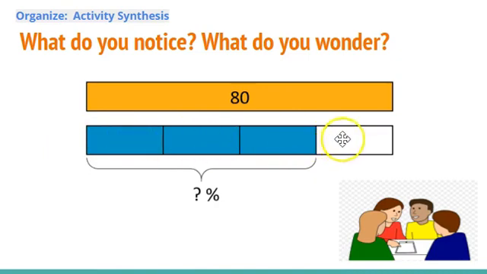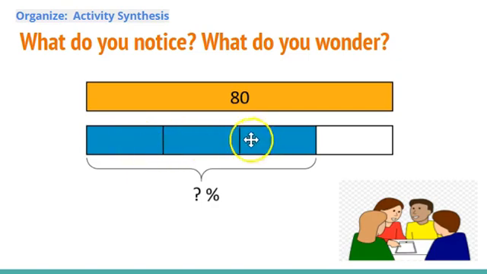If the entire thing is 100%, we have 3 parts of that 100%. If all 4 parts together make 80, we can think of this a couple ways.